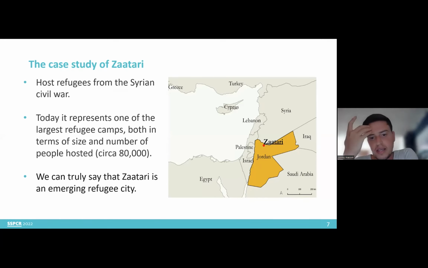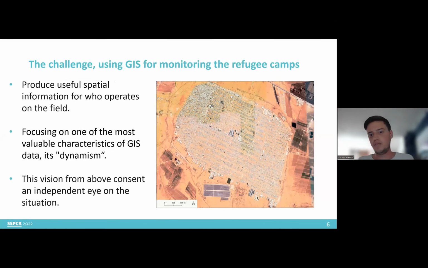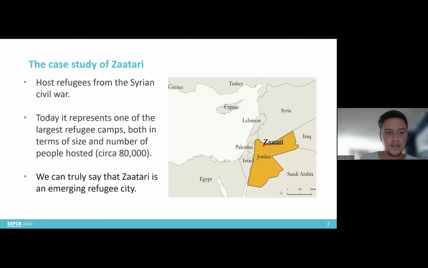The first time that I approached Zaatari, to give you an example, I live in a small town nearby Florence, and it has fewer people than Zaatari. So we can truly say that Zaatari is an emerging refugee city in a certain sense. As you saw in the slide before, it's really a big surface where all these people are stuck.